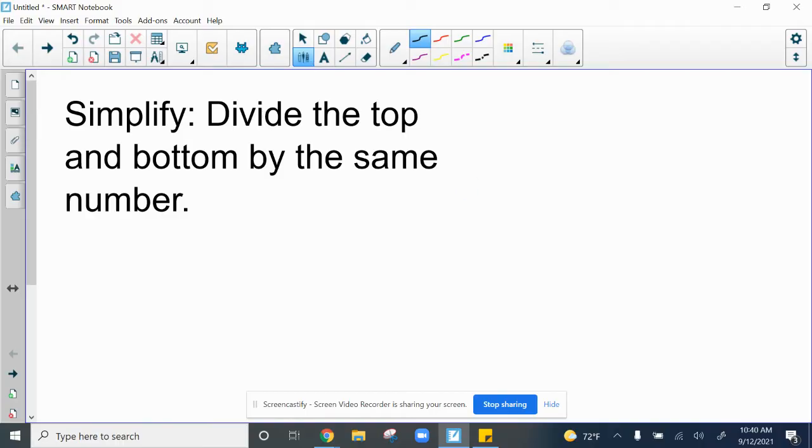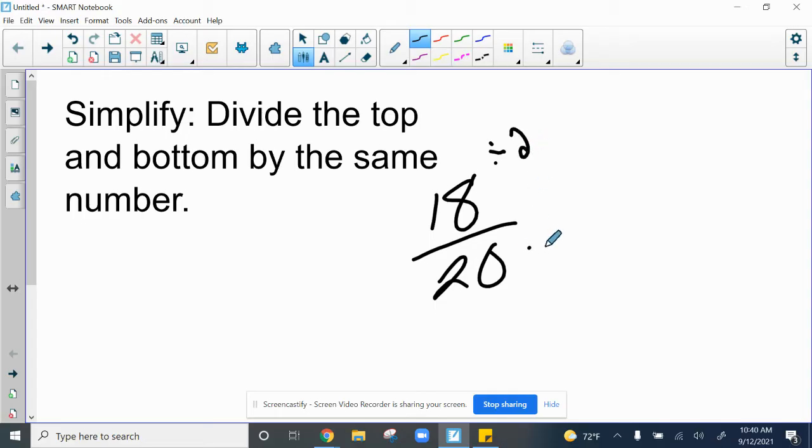All right, let's try 18/20. I want you guys to think, what number can I divide both 18 and 20 by? And I am automatically thinking 2 because they are both even numbers, and all even numbers can be divided by 2. 18 divided by 2 is 9. 20 divided by 2 is 10.